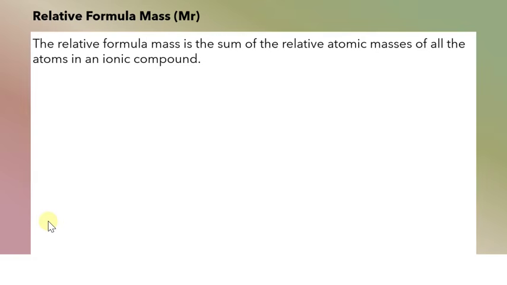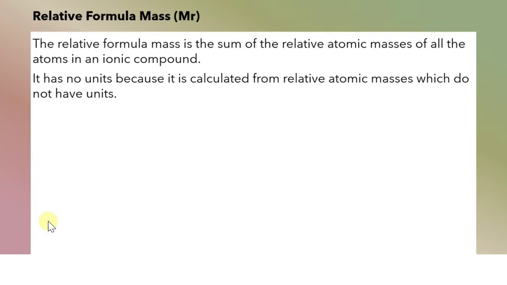You must understand that it has no units because it is calculated from relative atomic masses which do not have units. Those relative atomic masses which we have looked at do not have units because we said units cancel out.